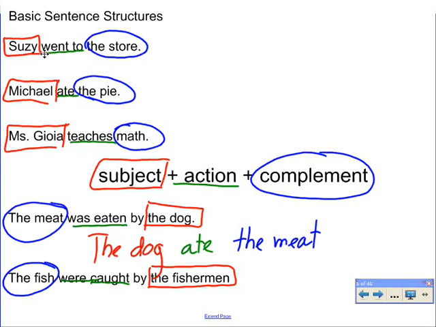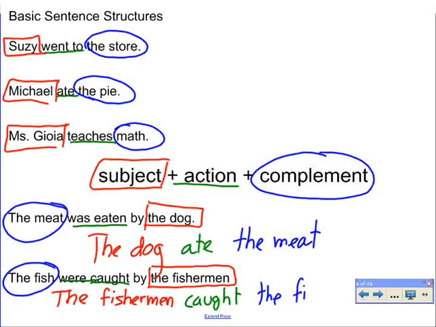And if you did, you would find that the fisherman caught the fish. And again, written in this way, it's much easier for us to process what exactly is happening.